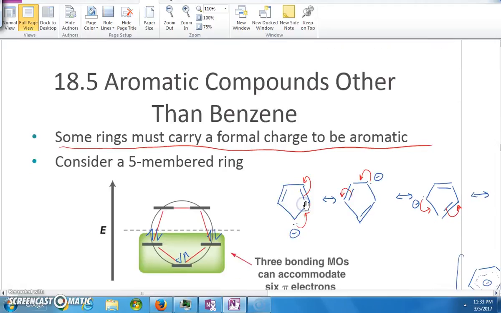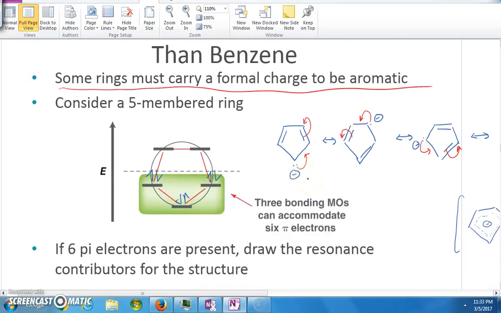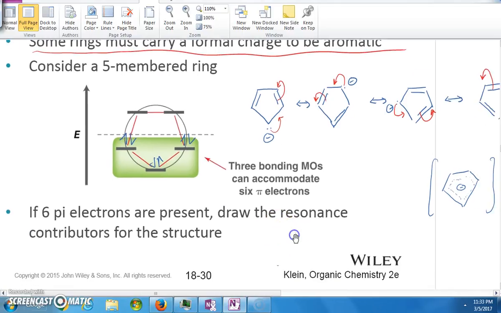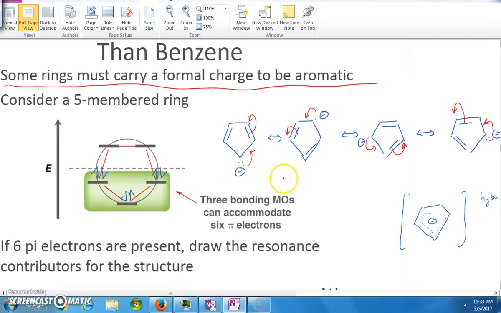Now, for aromatic compounds other than benzene, some must carry a formal charge to be aromatic. If you consider a 5-membered ring like this, the cyclopentadienyl anion, you see it has an anion here. Because it's an anion, it has a total of 6 pi electrons, which satisfies the 4n plus 2 rule, where n equals 1.